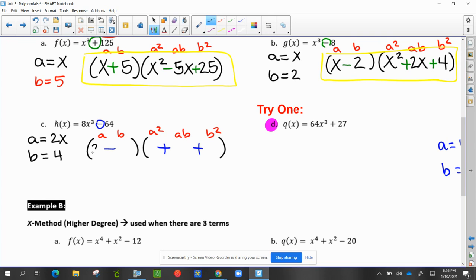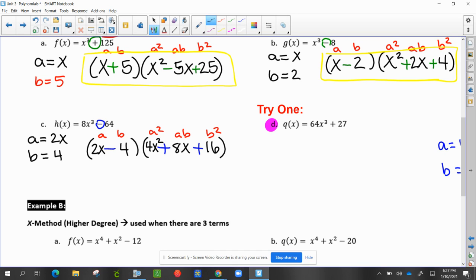My A is 2x, and B is 4. A squared, so 2x squared would become 4x squared. 2x times 2x is 4x squared. A times B, so 2x times 4 is 8x. And then always positive B squared. Well, 4 squared is 16.